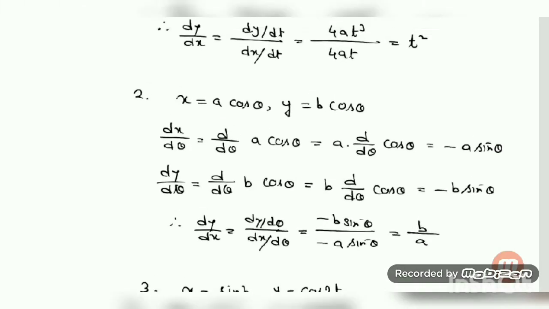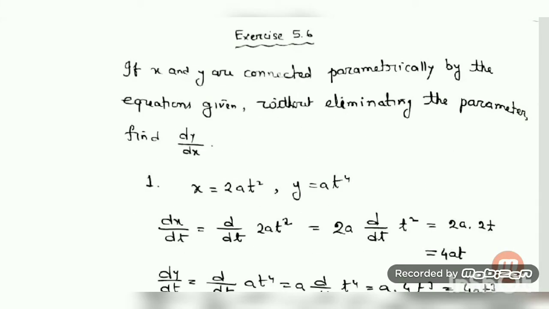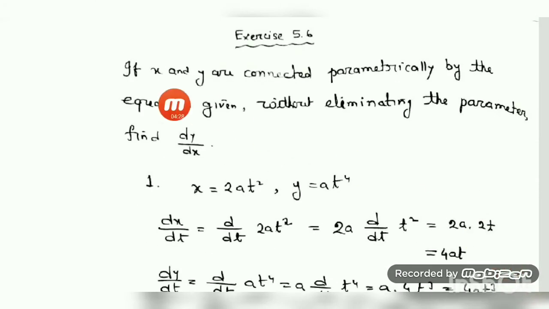So let us go to exercise 5.6 and solve this question by using parametric form. Just by reading the question, you will understand that this is in parametric form. The question is: if x and y are connected parametrically by the equations given, without eliminating the parameter, find dy/dx.